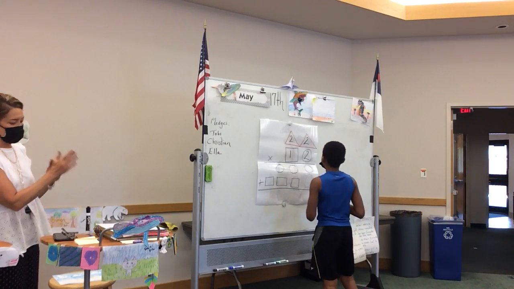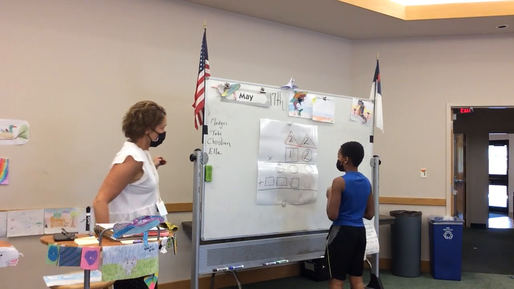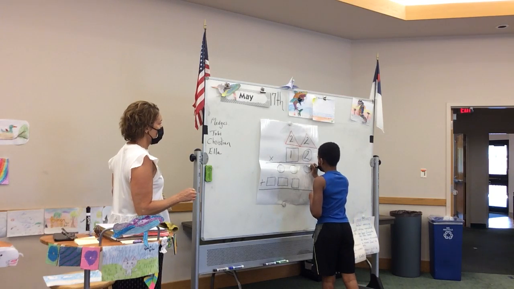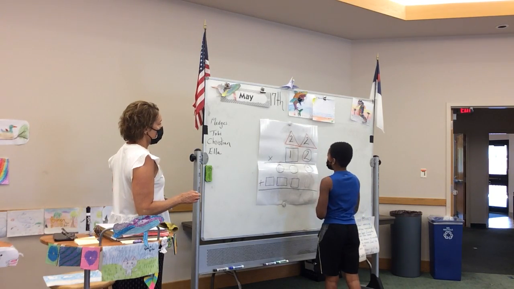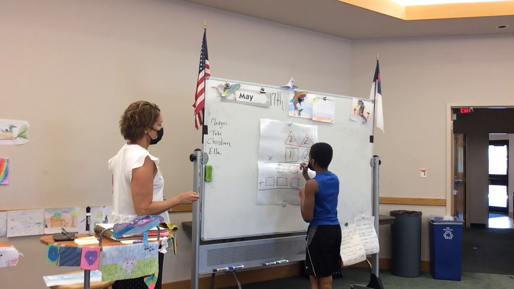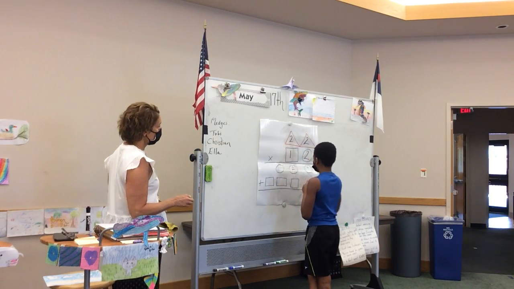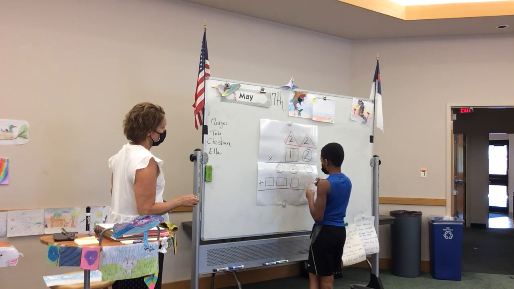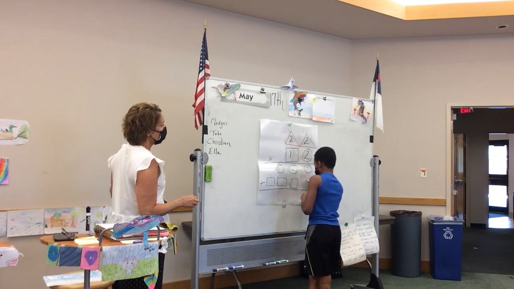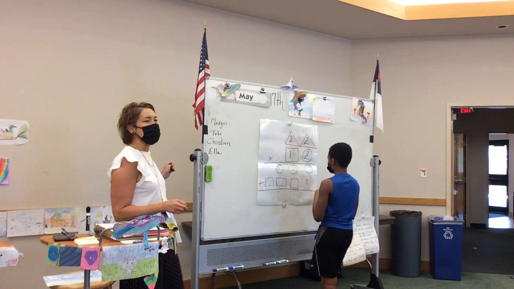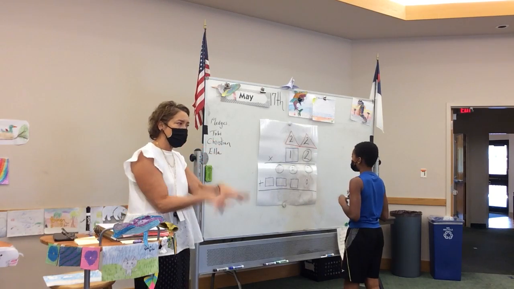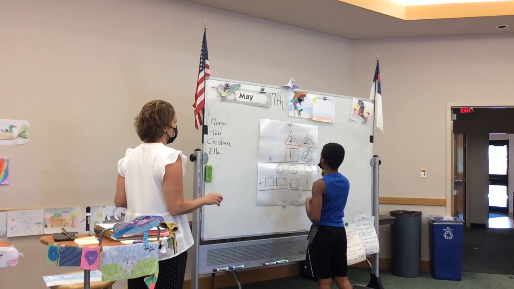What are you going to do first, Jeremiah? 2 times 2. That's right. I'm going to do the circles. Good. Now what are you going to do? There you go. Put in your anchor, which is the 0. Think of it as your anchor. You plunk it down before you move forward.